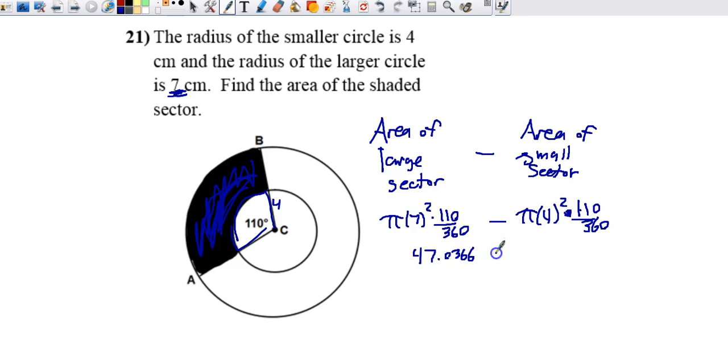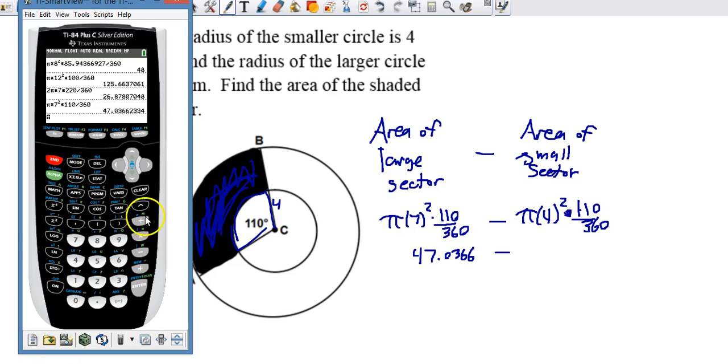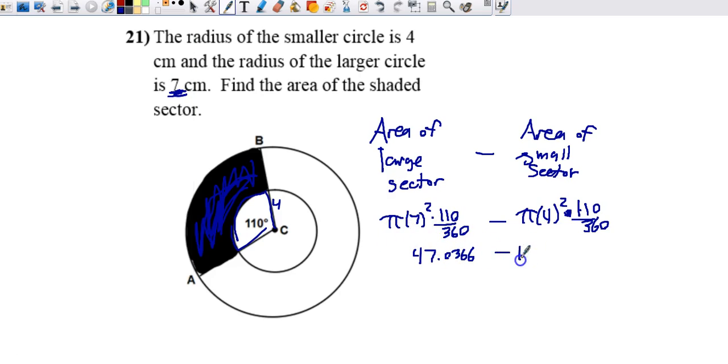This one is pi times 4 squared times 110 divided by 360. So this is going to be 15.358.